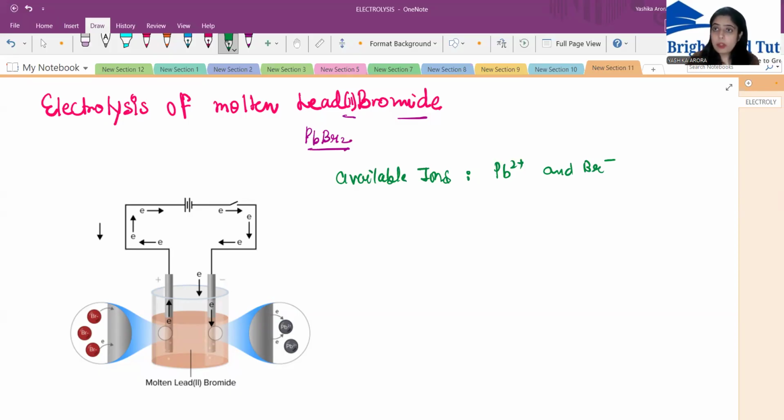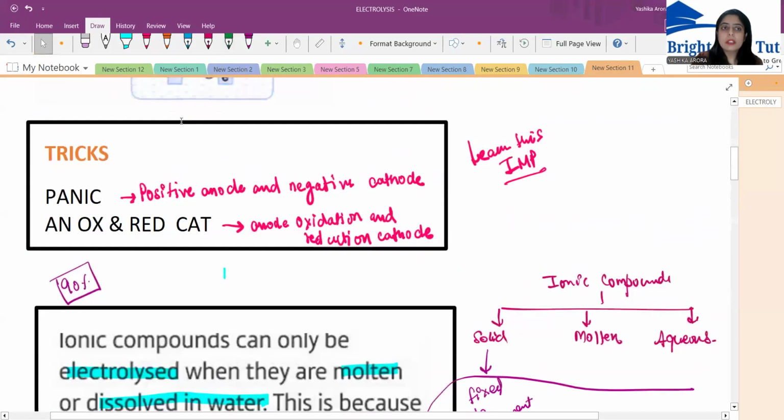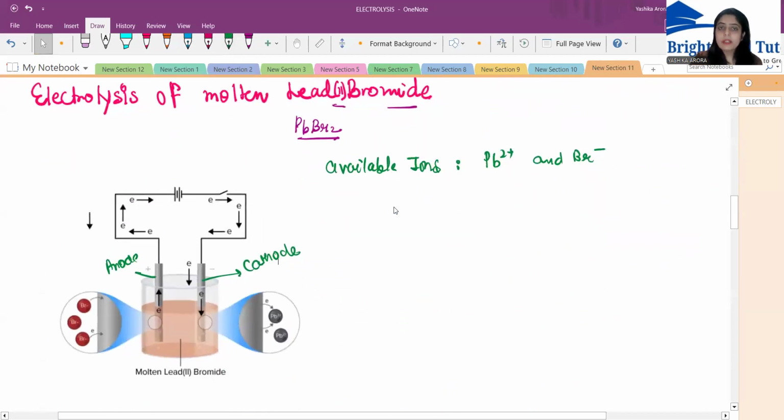Then I have this whole setup with me, molten lead bromide. The anode is the positive side, and the cathode is the negative side. See, the PANIC word: positive anode, negative cathode. Great.